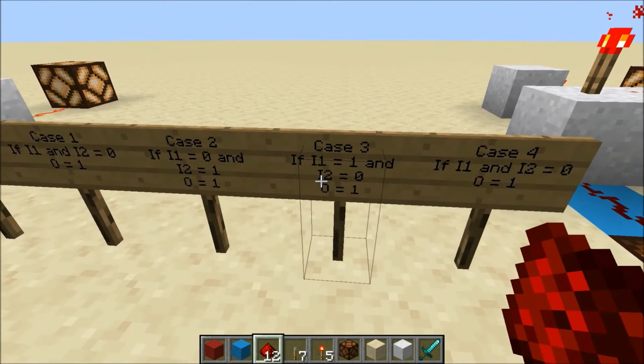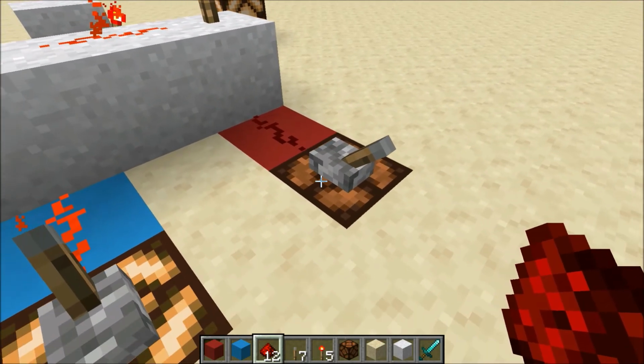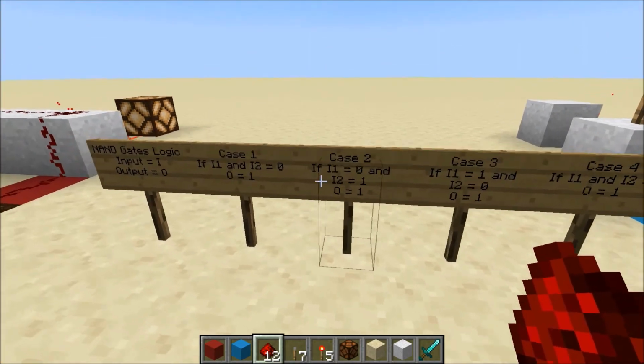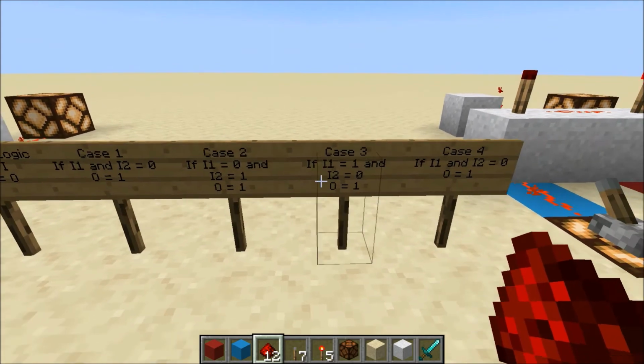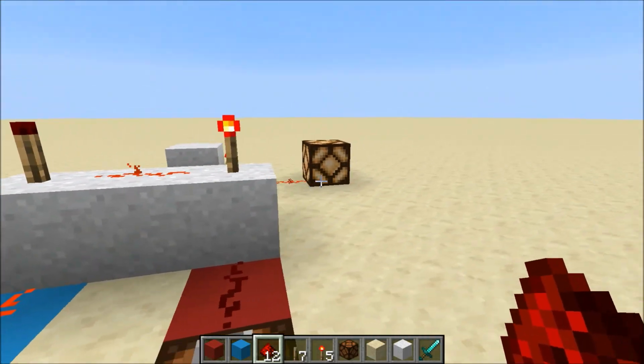Moving to the third case, if input 1 equals 1 and input 2 equals 0, it will give the same output as the second case, which means the light will be on.